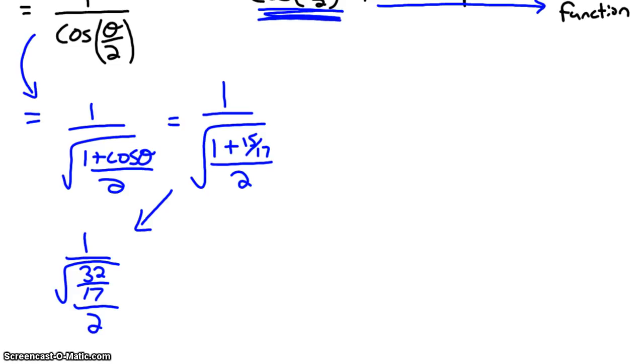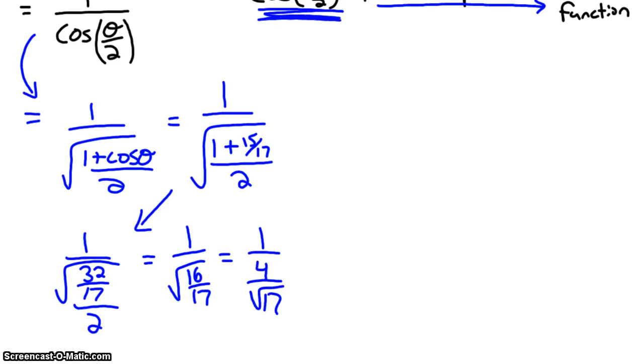Now when I divide that by 2, I will end up with 1 over, let's see here, 1 over 16 over 17, which will need to be changed to 1 over 4 over radical 17.